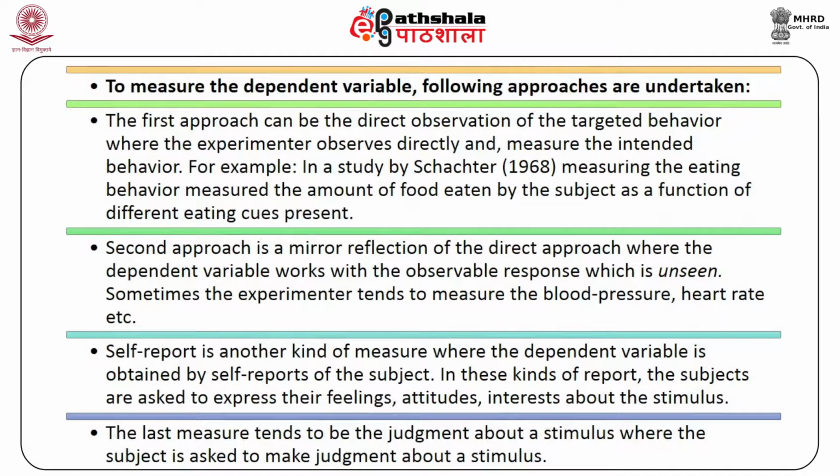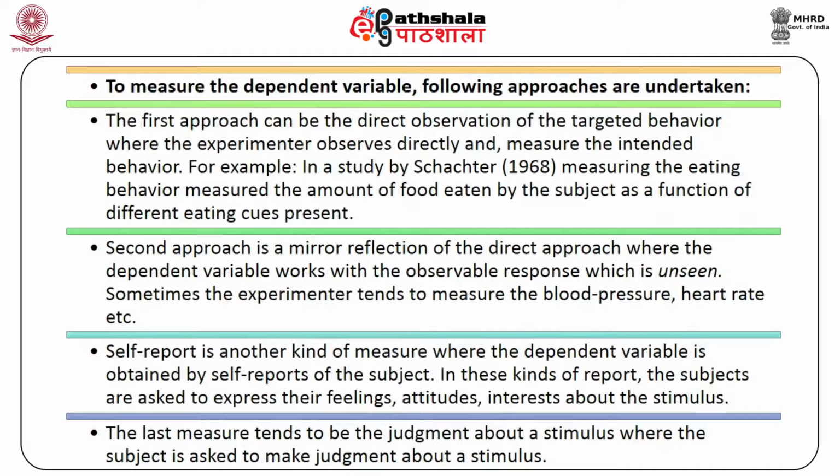The second approach is a mirror reflection of the direct approach, where the dependent variable works with the observable response which is unseen. Sometimes the experimenter tends to measure blood pressure, heart rate, etc. Self-report is another kind of measure where the dependent variable is obtained by self-reports of the subject.